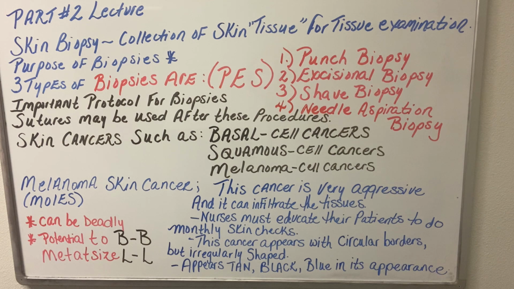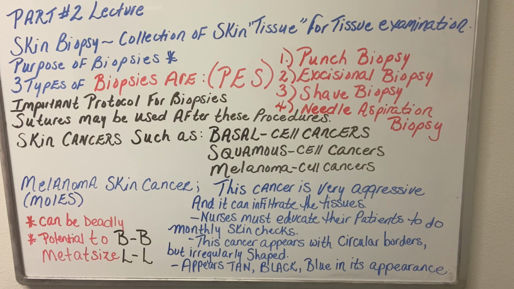It can be deadly. This is a cancer that definitely can infiltrate, and it's aggressive. Once it infiltrates the tissues, it can move. It can metastasize, and it definitely can move to the areas that you see I have on the board. It can move to the BBs, and it can move to the LL organs. Those BBs will be the brain and the bones.